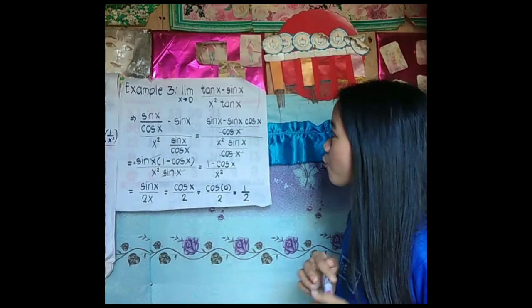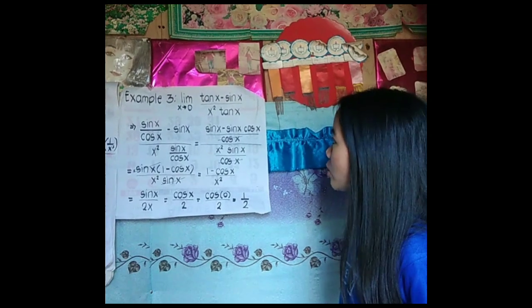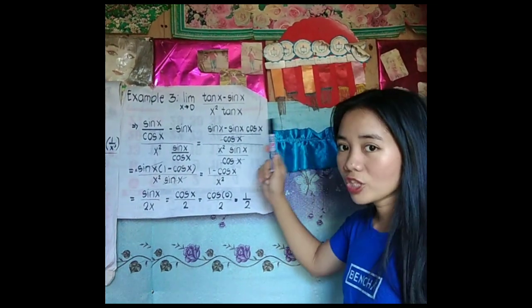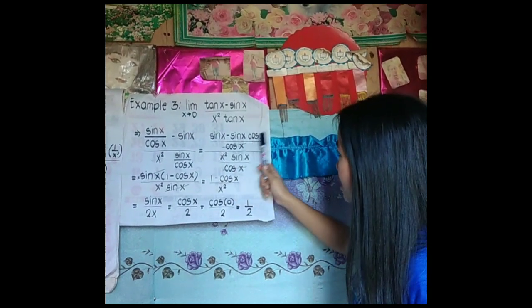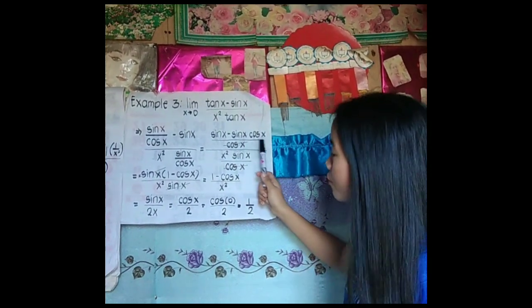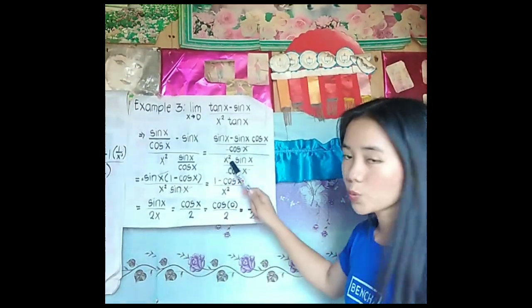After that, if we divide fraction by fraction, we multiply the numerator by the reciprocal of the denominator. So we have (sin x minus sin x cosine x) over cosine x times cosine x all over x squared sin x.